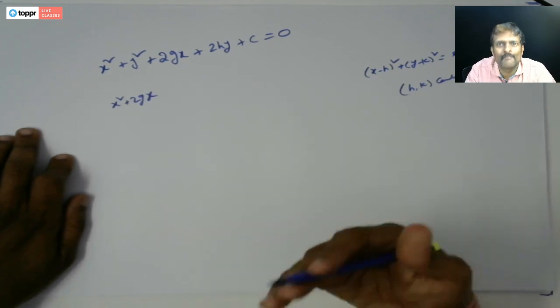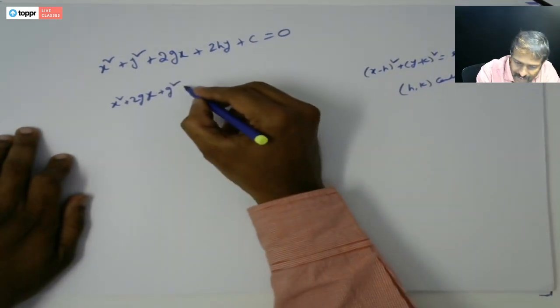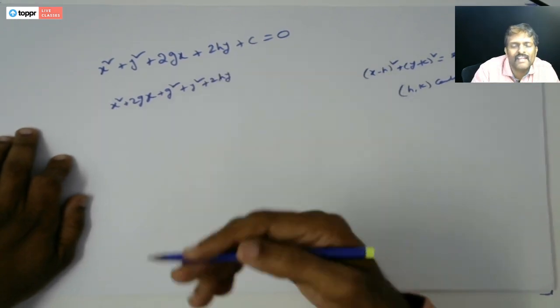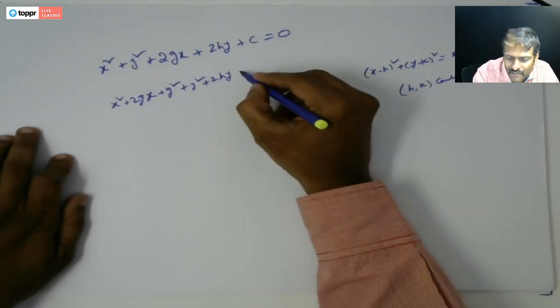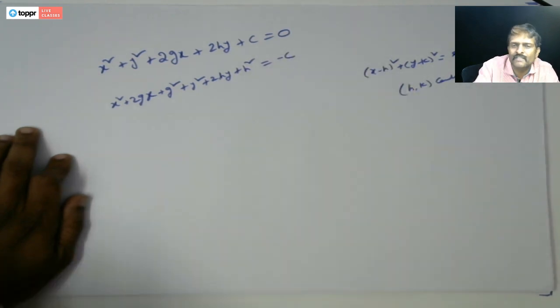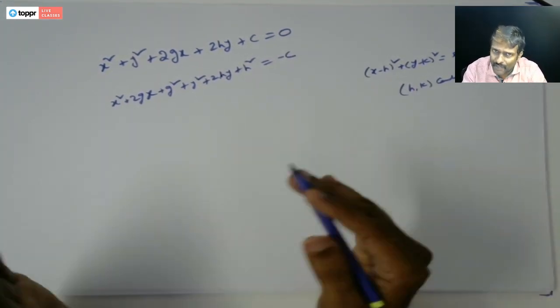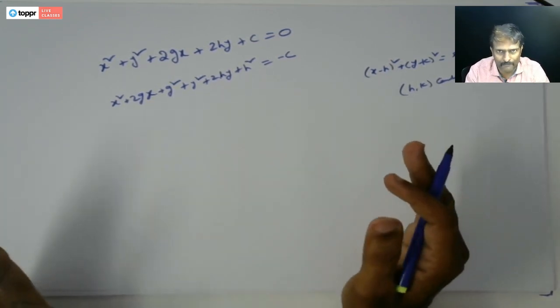Like I need the b square term, which is nothing but g square. And then I have y square plus 2hy. Here also I have the 2ab term. Now I need the term b square, which is nothing but h square, is equal to minus c. So I'm just pushing c to the other side so that I can simply have x minus h whole square plus y minus k whole square form, right?